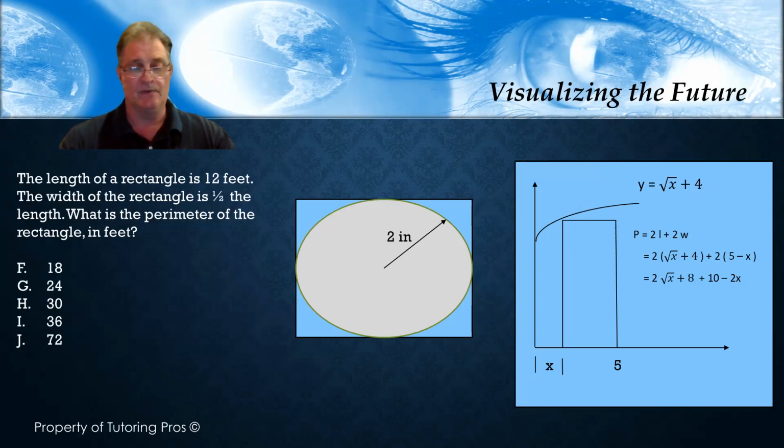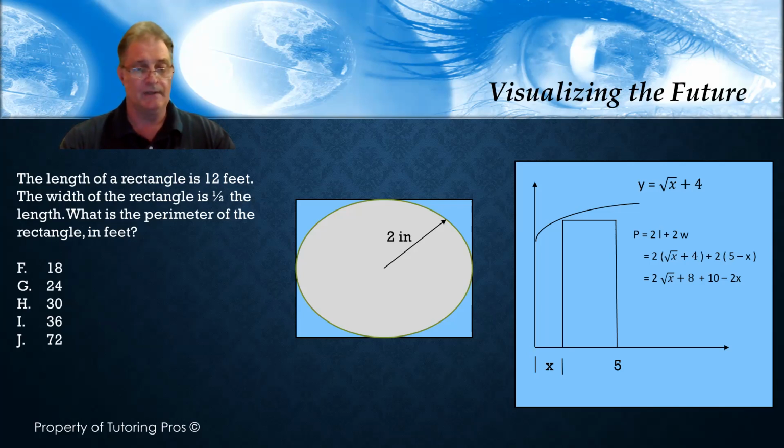This is the order that you would see, for instance, perimeter tested on the ACT. Now, on the SAT, you may start with the graph instead of the written paragraph, looking for the perimeter. Okay, so let's take them one at a time.